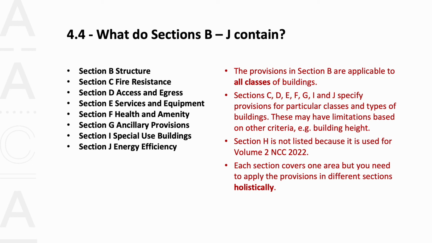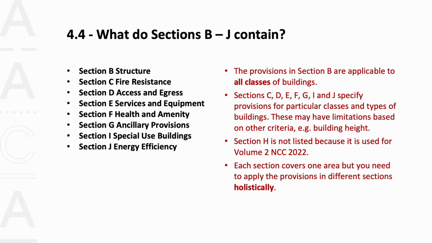So an example of a holistic application is formulating a performance solution to increase the prescribed distance of travel to an exit, section D, of access and egress, which may affect the coverage requirements for the firefighting equipment, section E, services and equipment.